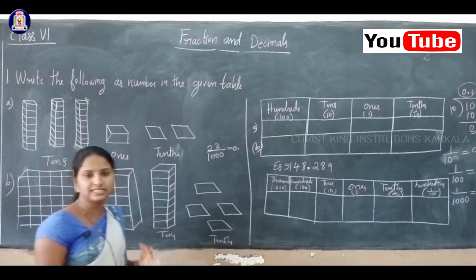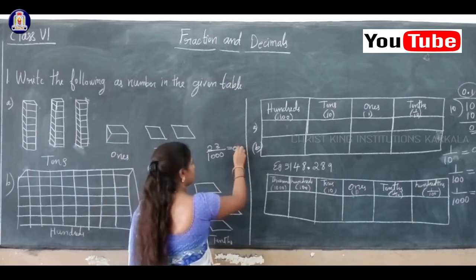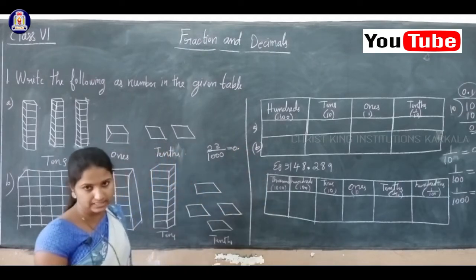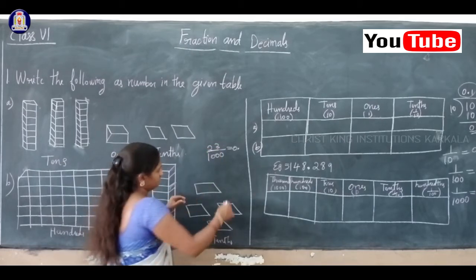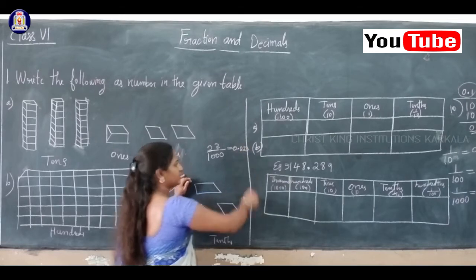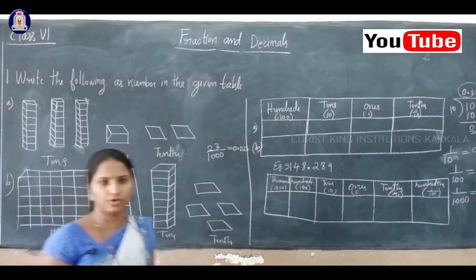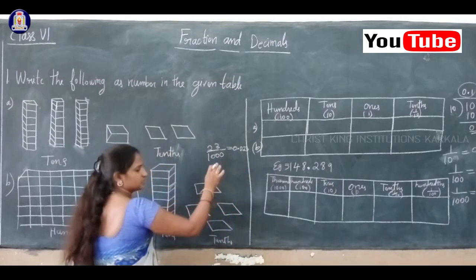There are 3 zeros in the denominator. So after the decimal point also you must get 3 digits. Already in the numerator 2 digits are there, so you write one extra 0. So now it becomes 0.023. Understood? These extra zeros you must write.